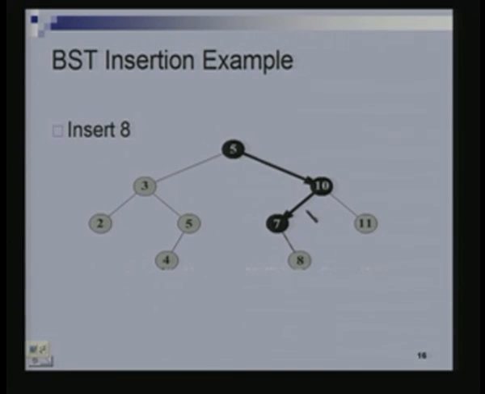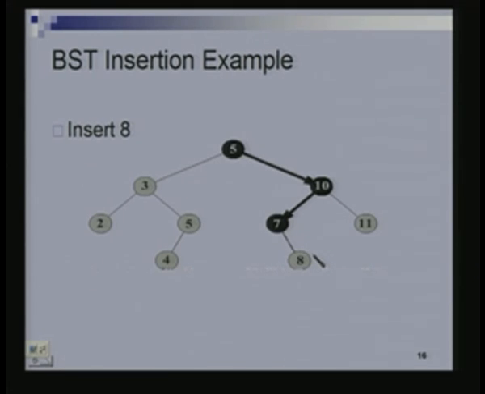This is my binary search tree, and I am trying to insert 8. If you recall, this 8 was not there in the tree. So, I first search for 8, which means I go down, I come here, go right, I go left, and then I want to go right, but right is null, which means 8 is not in the tree.